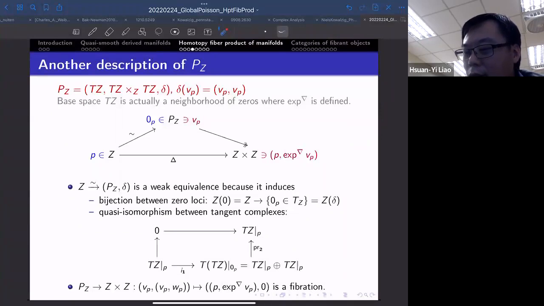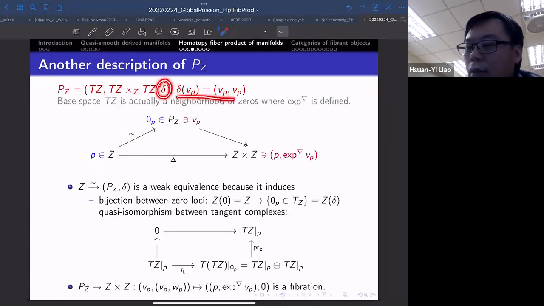I said this is a weak equivalence, and actually it's pretty easy to see. By weak equivalence, I mean an induced bijection on the zero locus, the classical locus. So the classical locus, the section is here.